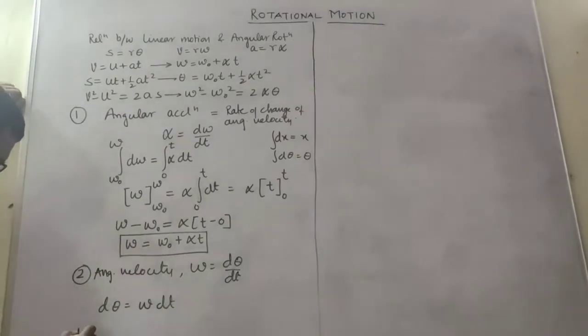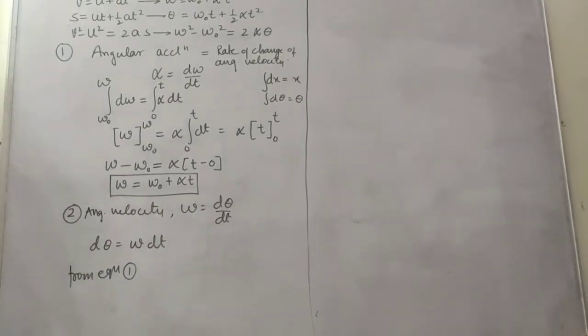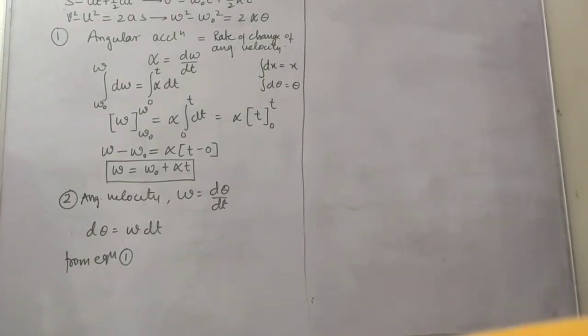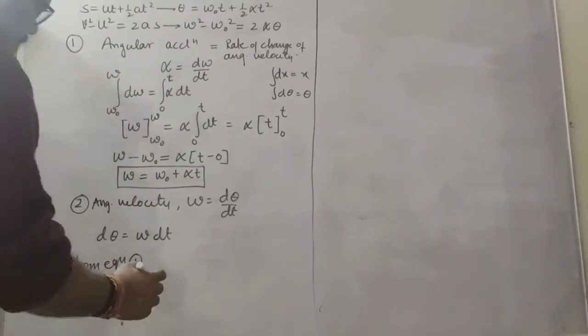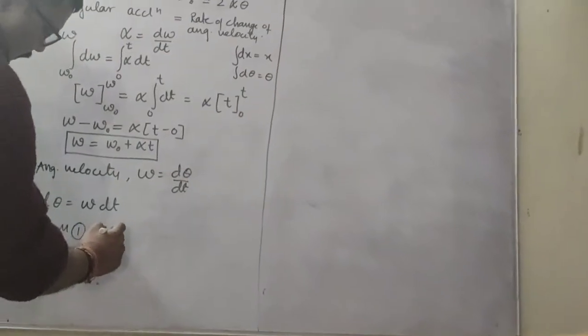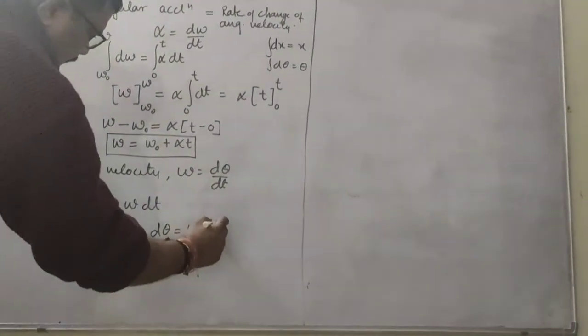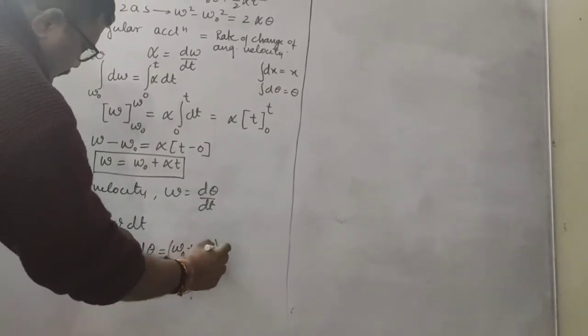From equation number 1, d theta is equal to omega naught plus alpha t, dt.